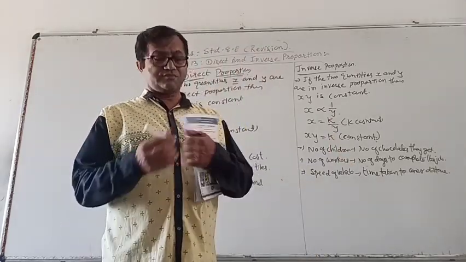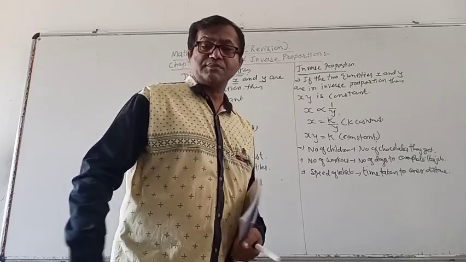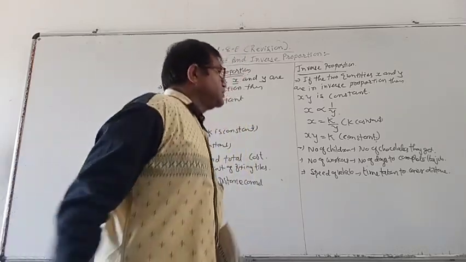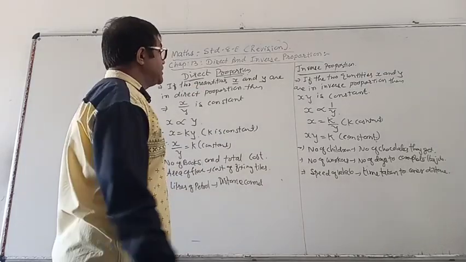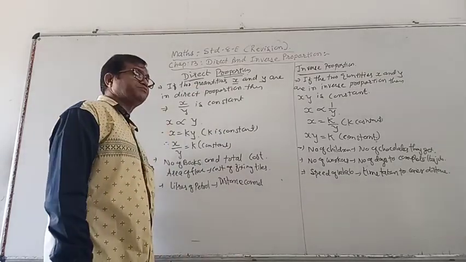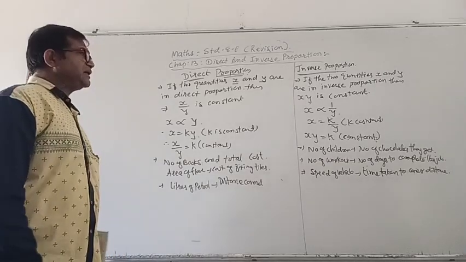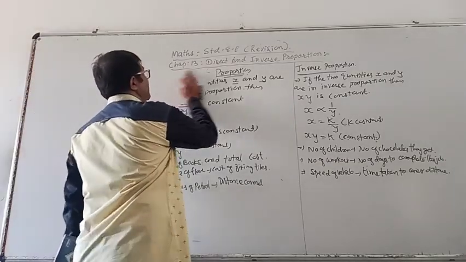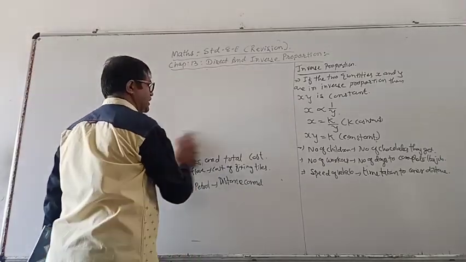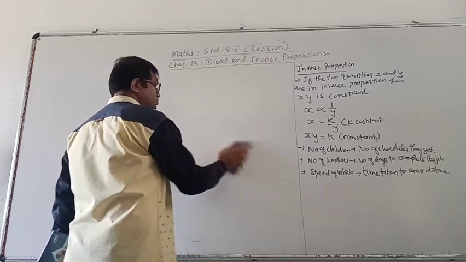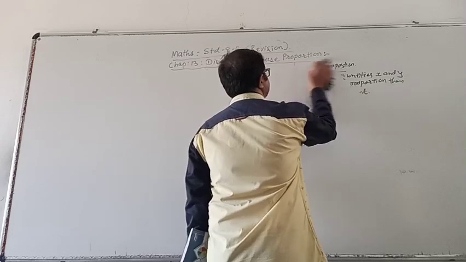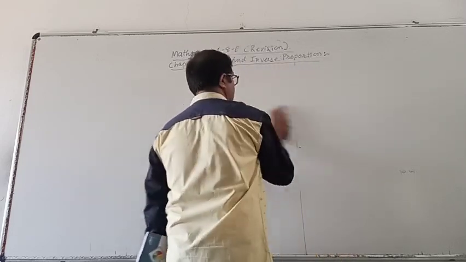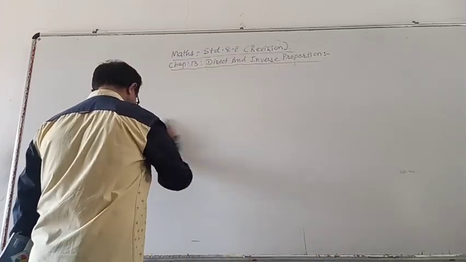That is the thing we have to remember in the situation of direct proportion and inverse proportion. Now let us take some blanks first, and then we will do some examples related to direct proportion and inverse proportion.